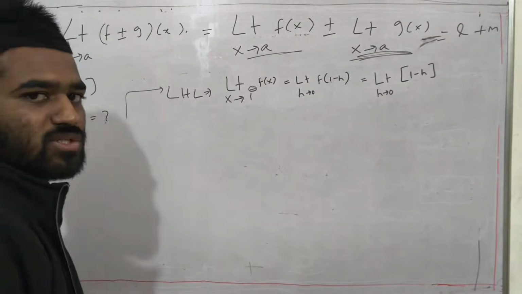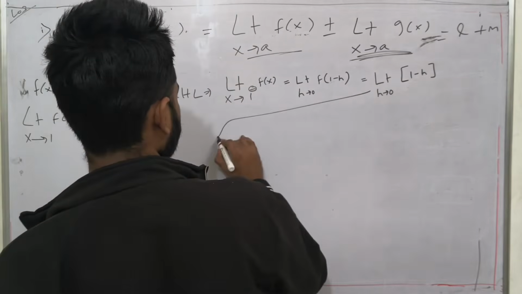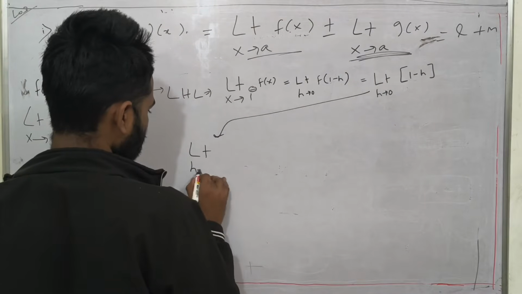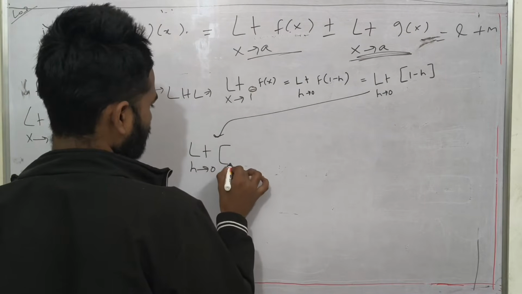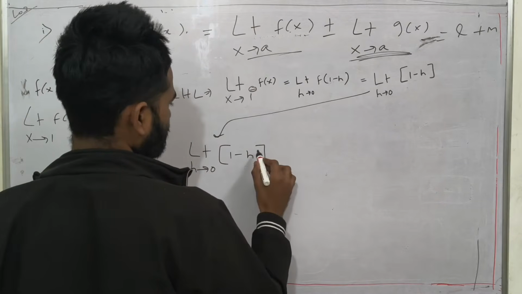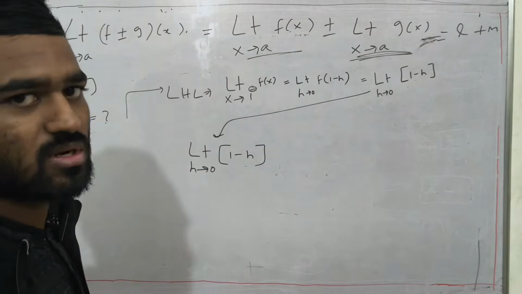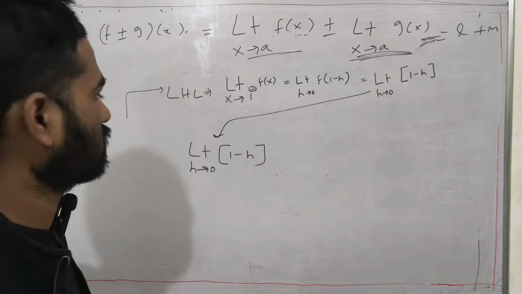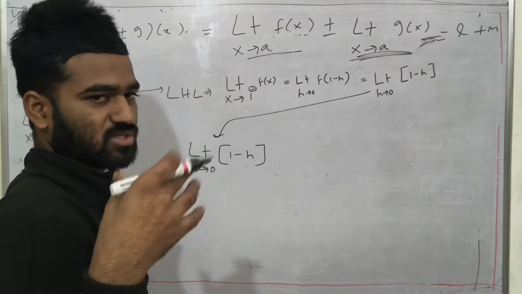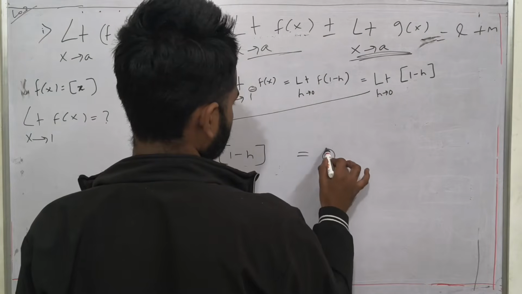Since h is positive and infinitely small, 1 minus h is less than 1, so step of a quantity less than 1 is 0.